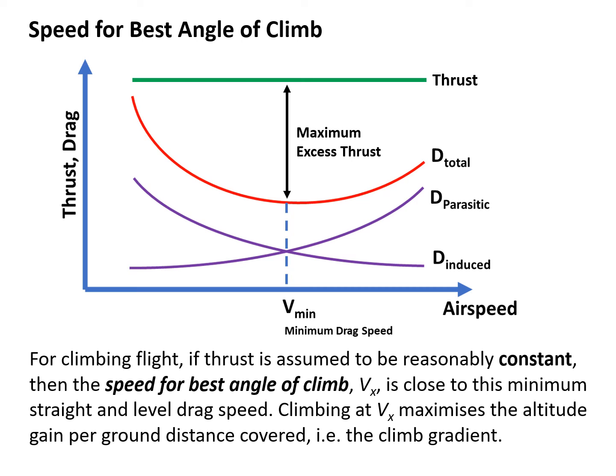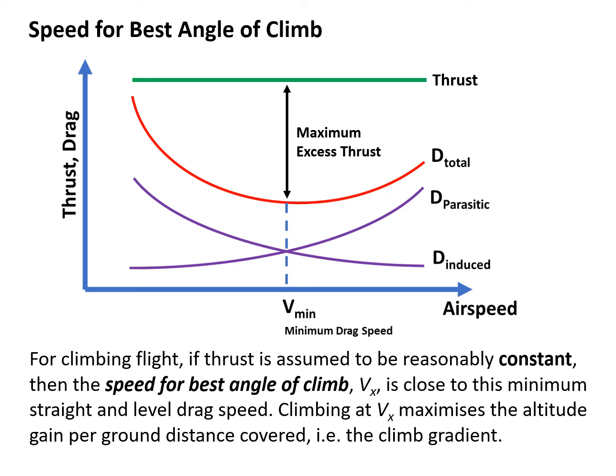And so we assume the thrust is constant or independent of the airspeed, and then the maximum excess thrust is when the aircraft is flying at the minimum drag speed, so the gap between the thrust and total drag is the largest.